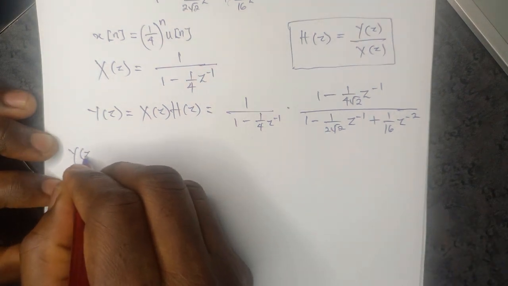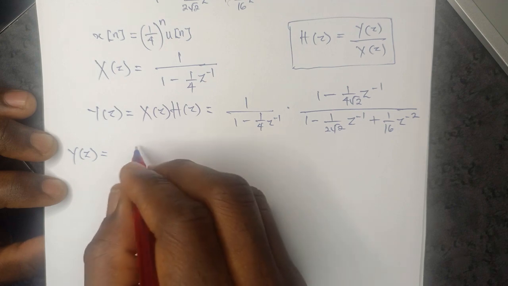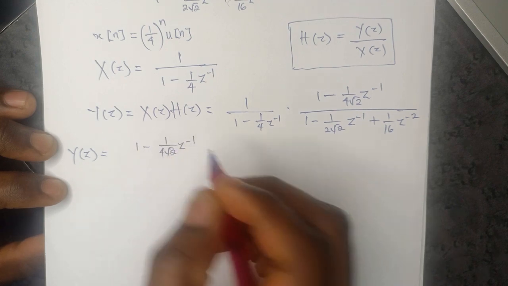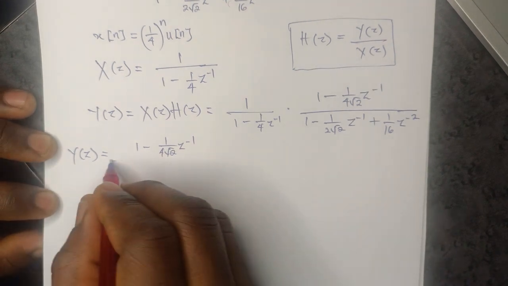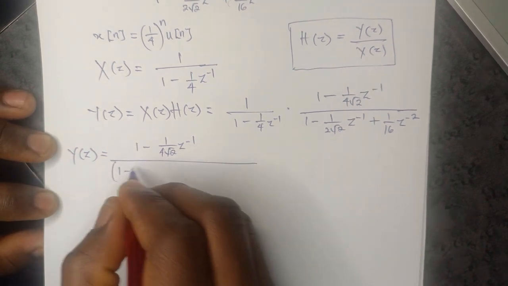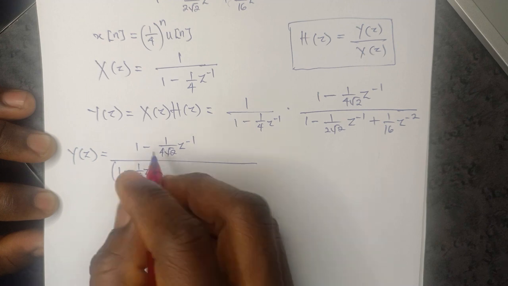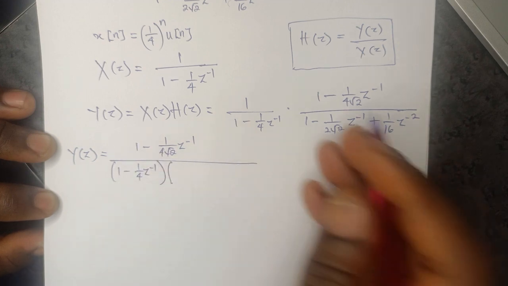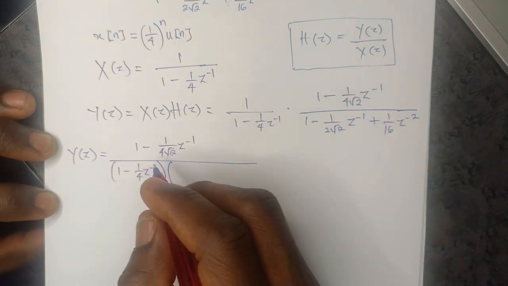So Y of z is going to be 1 minus 1 all over 4 root 2 z to the power minus 1, all over 1 minus 1 all over 4 z to the power minus 1, then this expression here.